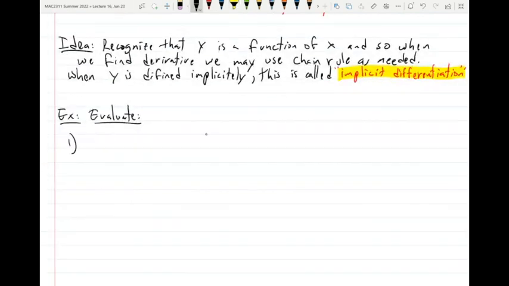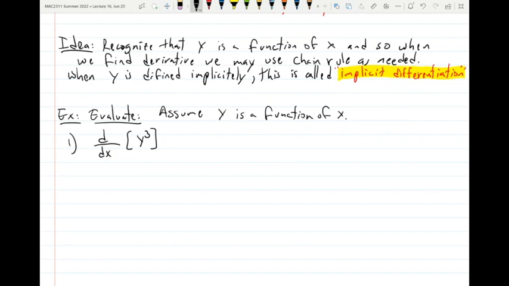Okay, so evaluate. Let's do d dx of y cubed. We don't know what y is. So of course, here, assume in these examples, assume y is a function of x. I'm not going to tell you a formula. So let's do this one.